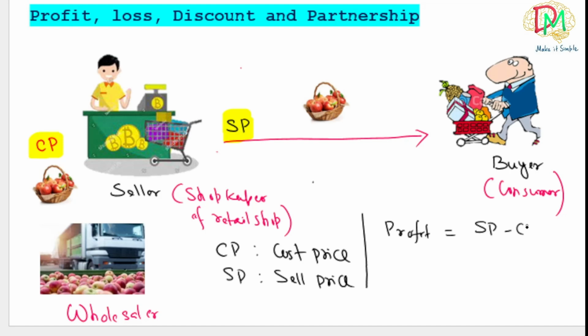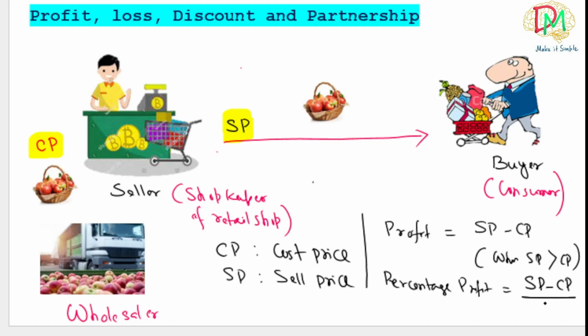SP minus CP, definitely when SP is greater than CP. So percentage profit is equal to SP minus CP by CP into 100%.